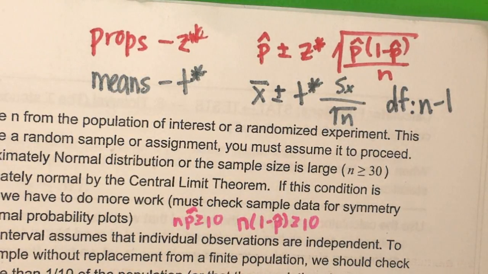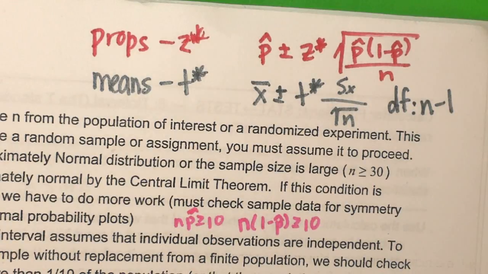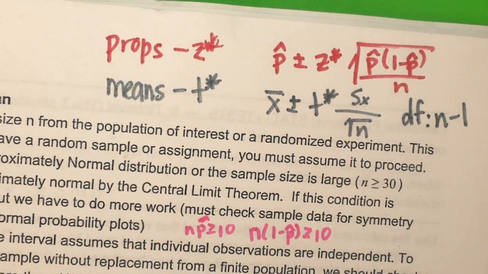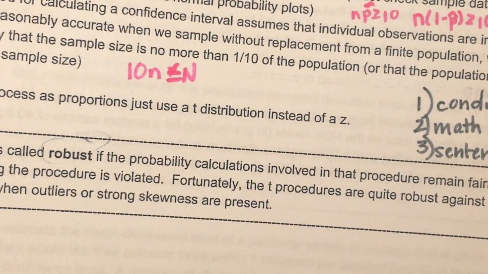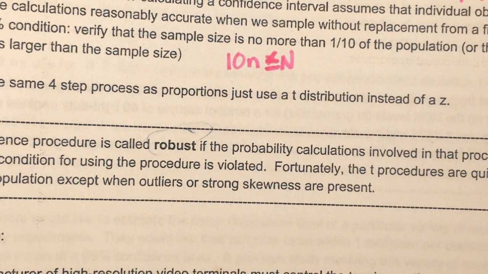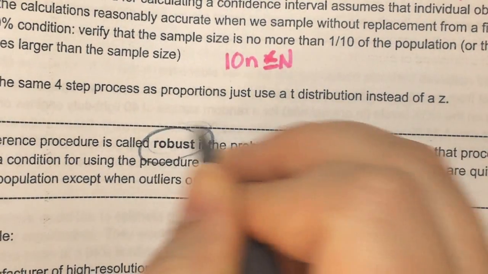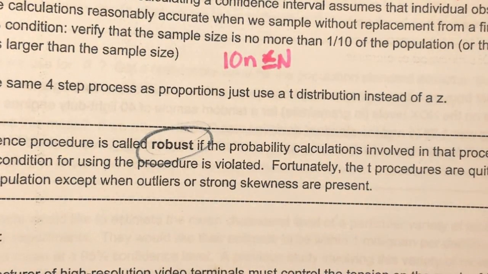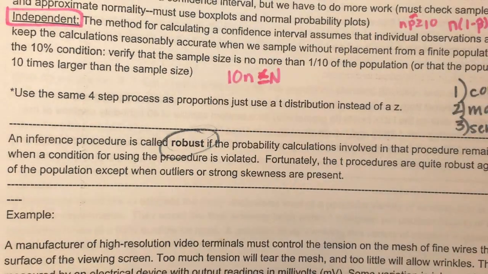Okay, so anyway, there's a part in the middle that says an inference procedure is called robust if the probability calculations involved in that procedure remain fairly accurate when a condition for using the procedure is violated. You don't need to know that word. But that's the whole point of the conditions. When a condition for using the procedure is violated, let's say you did not check random.